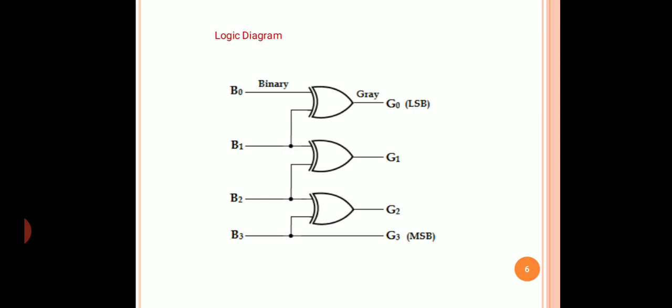As we know, G3 equals B3, then G2 is the XOR of B2 and B3, G1 is the XOR of B2 and B1, and G0 is the XOR of B1 and B0. This is how a code converter is designed. These steps will remain the same for any other code converter design.